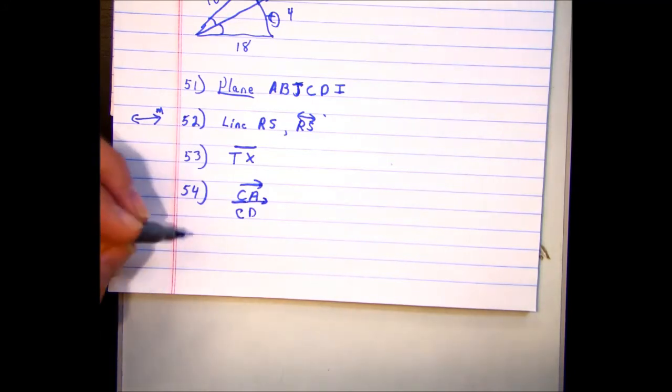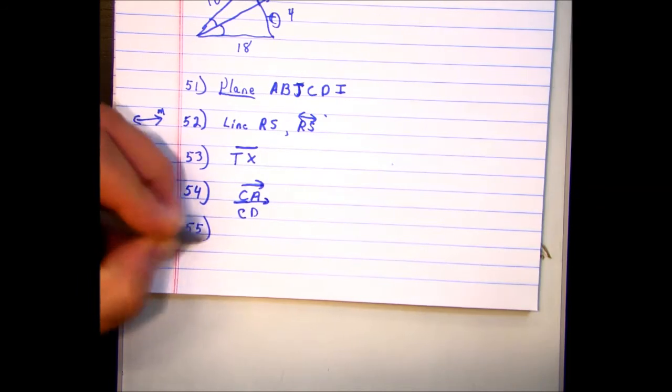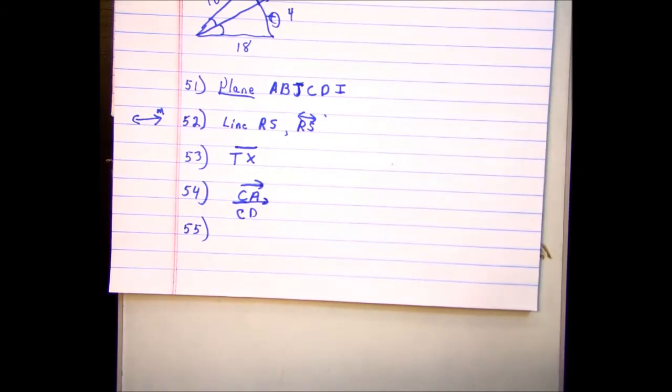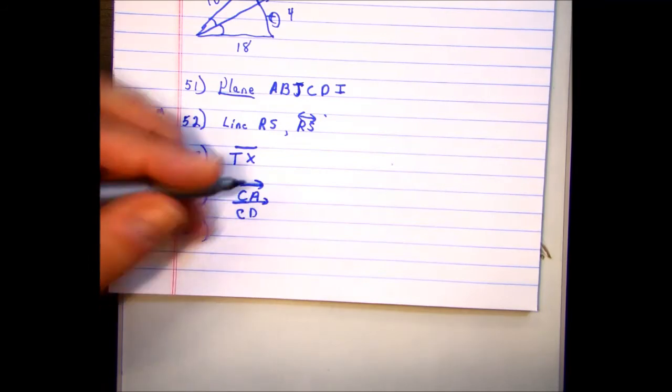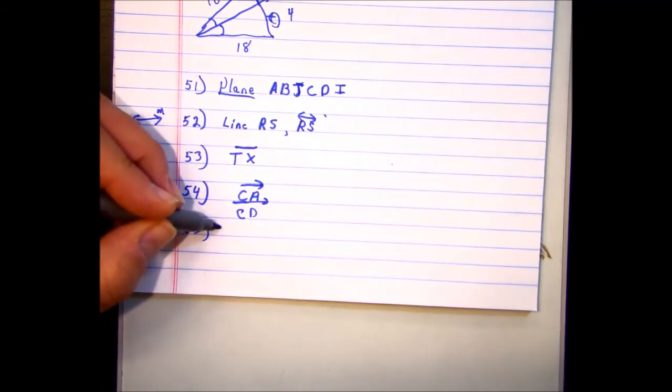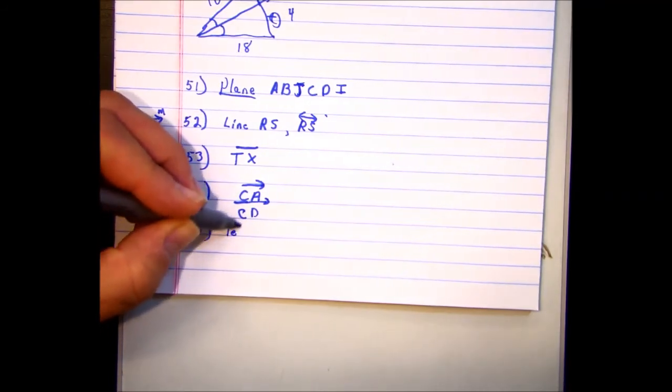Problem 55. Says which plane is parallel to ACGE? So I see ACGE. Parallel means it does not touch, which means none of the letters can be the same. Correct. So the only one that is parallel to it would be the only 4 other letters there. B, D, H, F. Okay, so the idea is making sure that you're looking at the letters.